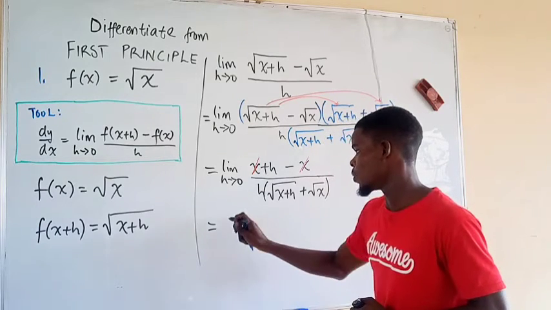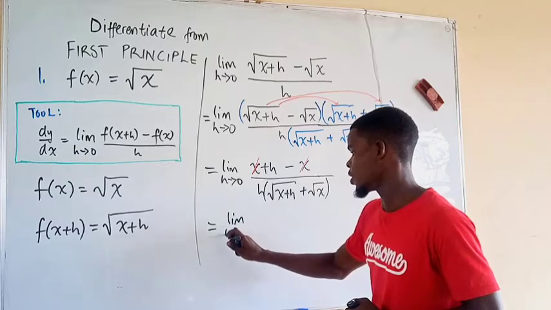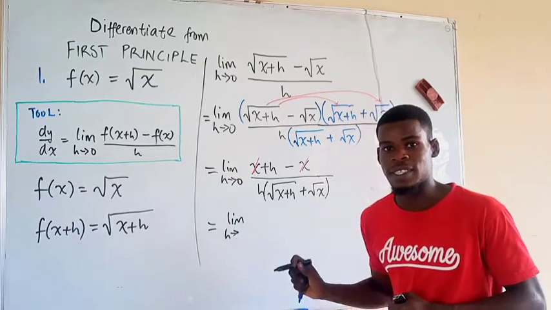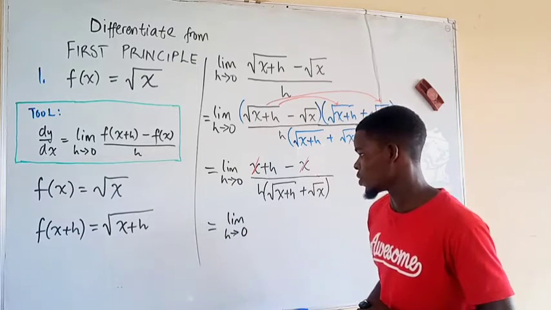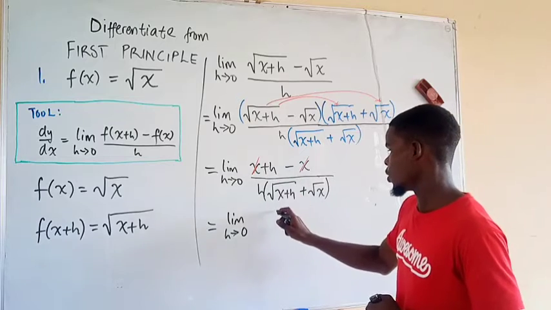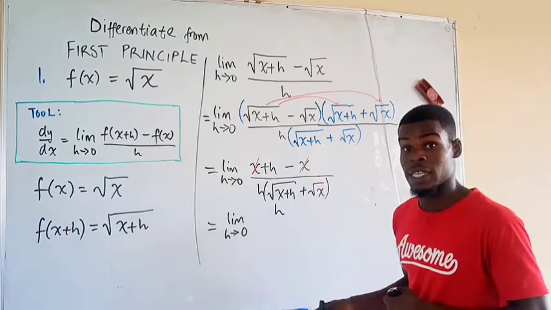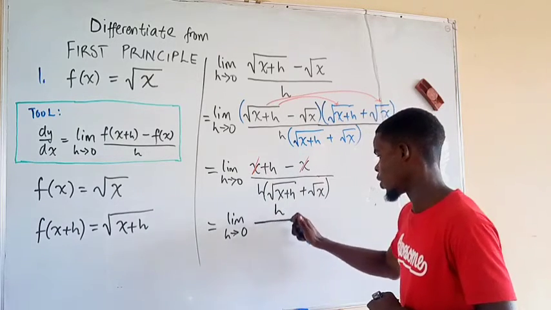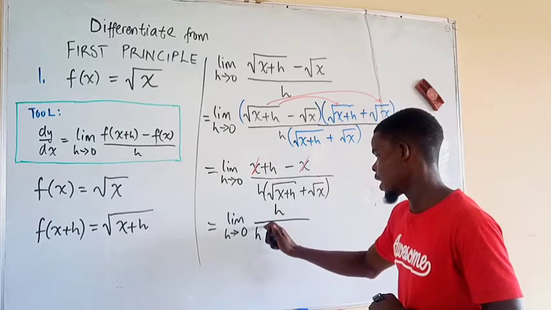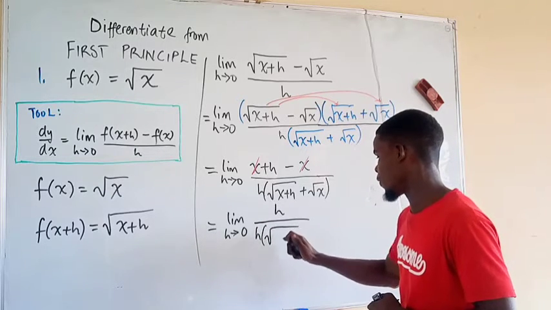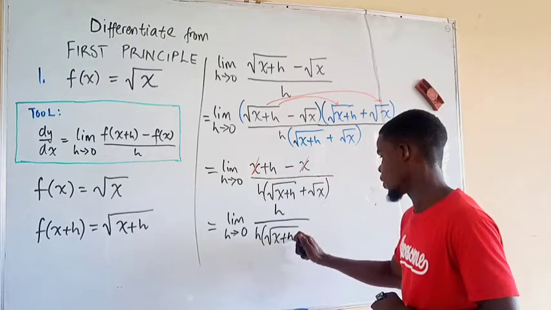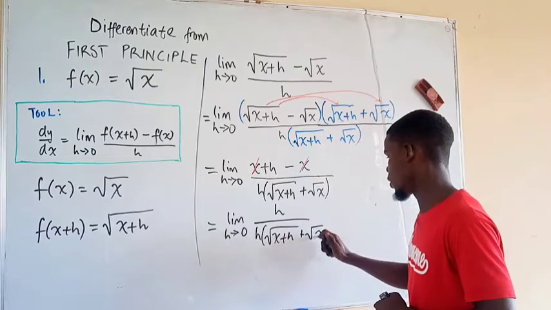So I'm going to take the limit as h tends to 0. Always remember to put these down. Okay, this notation. And then we have h here, since the x's will just become 0, over h times the square root of x plus h plus the square root of x. Good.